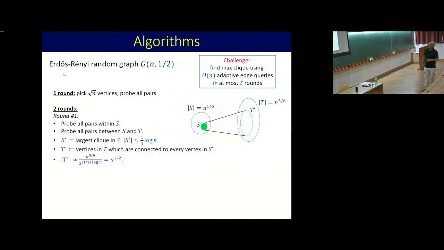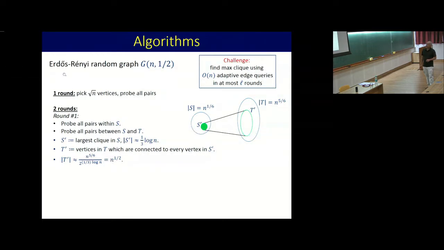Now, observe that T prime is now identified, since we asked everything between S and T in round 1. T prime are the vertices in T which are connected to everybody in S prime. If you pick somebody in T, what's the chance they're connected to everybody in S prime? Well, the size of S prime is 1/3 log n, so 1/2 raised to 1/3 log n. Every one of those edges is there. That's the probability. By expectation, how many such are there?